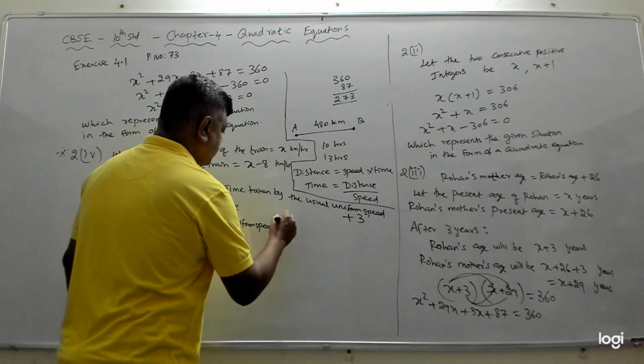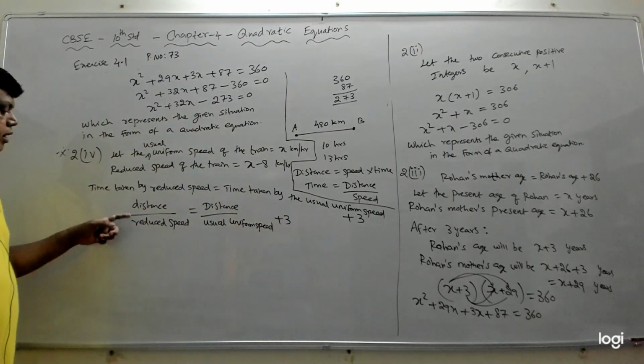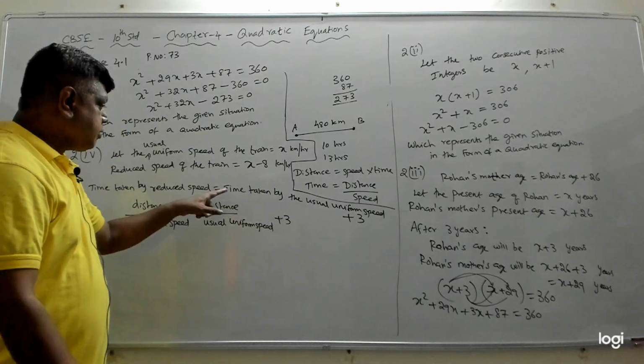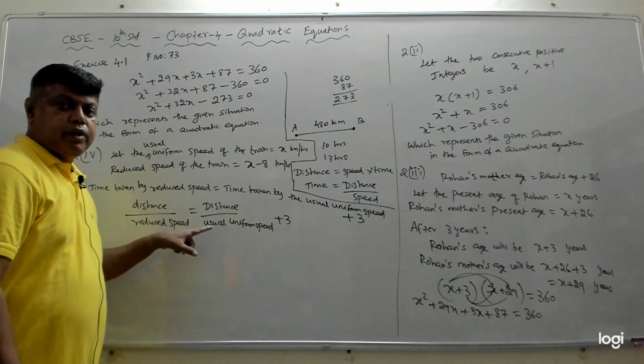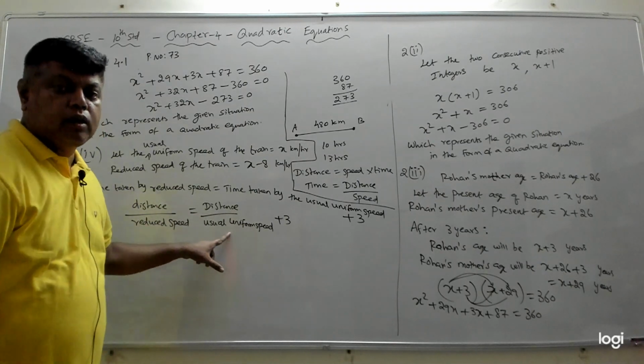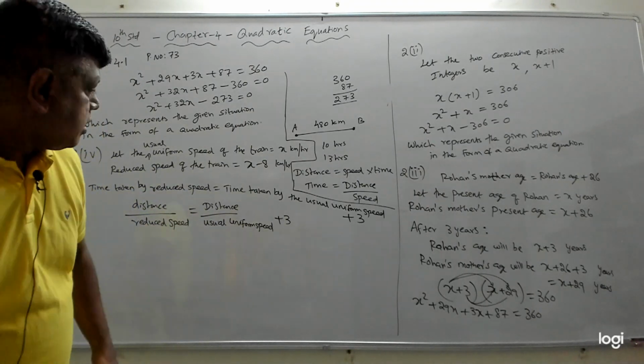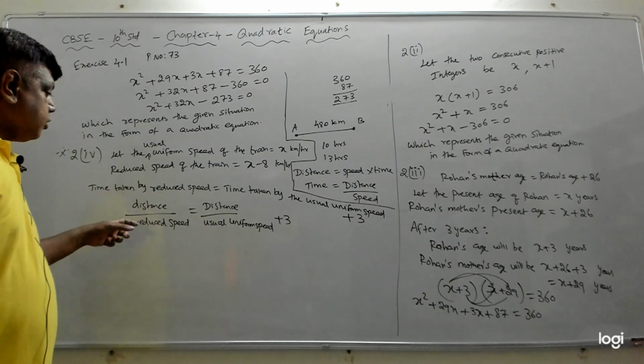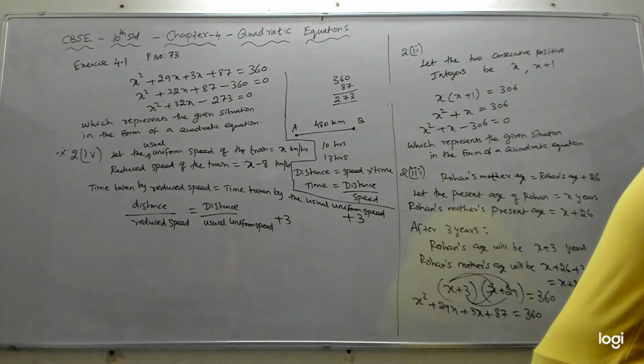I'm putting that plus 3 here. For the time taken by the reduced speed, we put distance by the reduced speed, and for the usual time, distance by the usual speed.